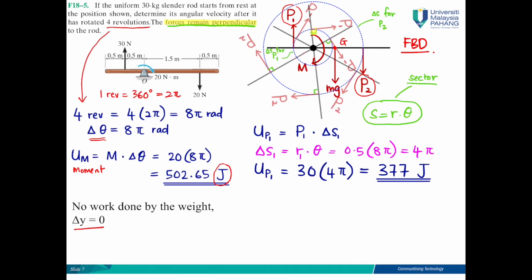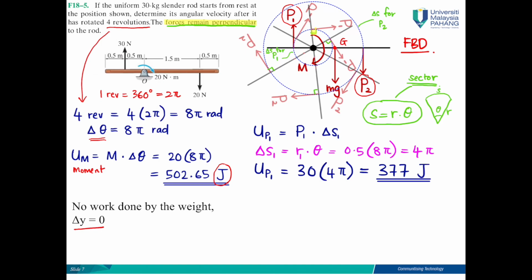If you are wondering how this equation comes about, you can go back to your mathematics and look at the trigonometry chapter and see how to calculate the sector. Basically, the sector is something like this. It's like a pizza. So you have S over here, and this is theta, and this is R. The relationship between these is S equals R times theta in radian.